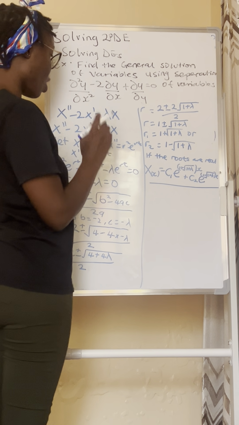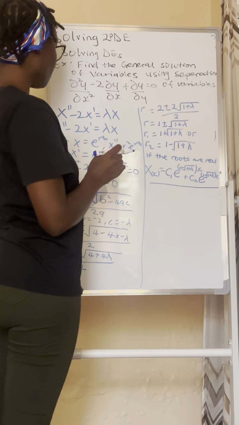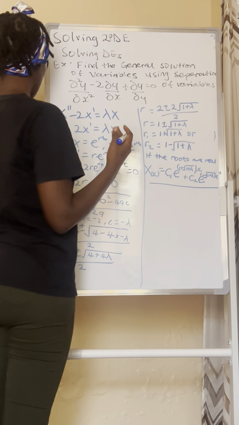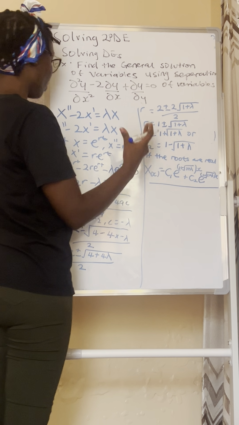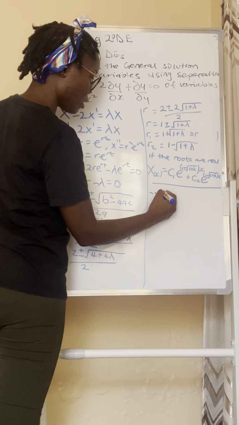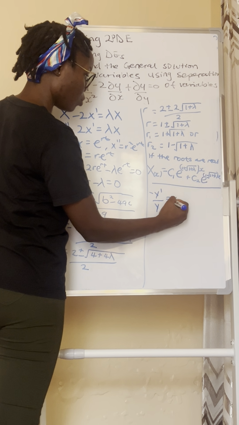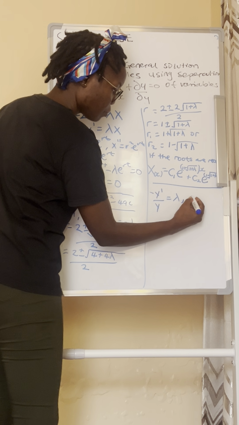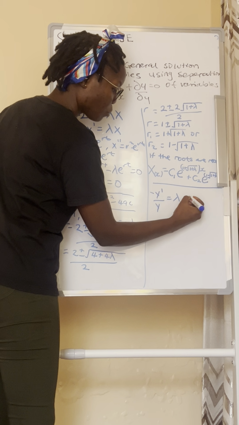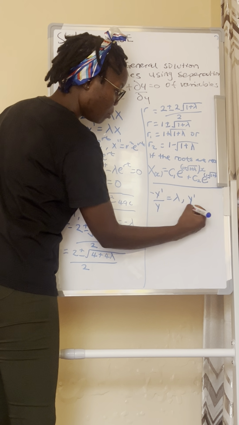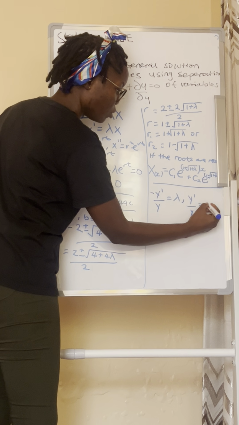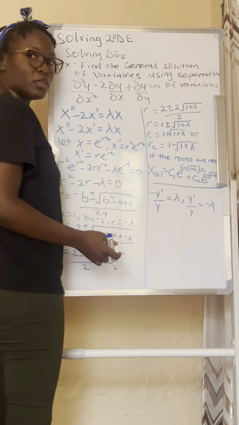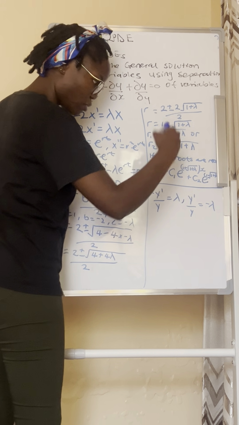Okay, now how about y? Remember that we had our y, when we remember what we wrote earlier on. Sorry, the board is small, I couldn't put everything here. So the other function of y was like this, is equal to a constant. We multiply through by the negative, it will become y prime over y is equal to negative lambda. Now, it's only one derivative, so it's very easy, you just integrate.